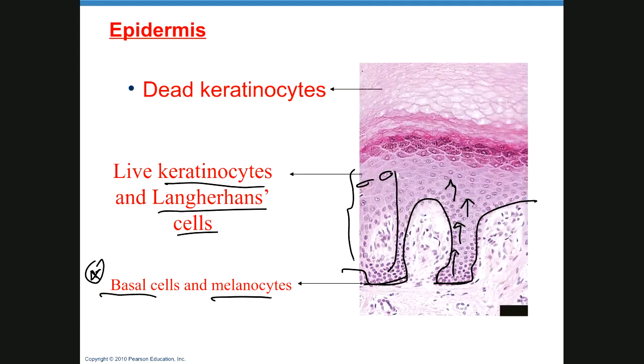Now, notice this layer right here. Notice how cells change right here. These cells are again darker, and if you look at it closely, they look like they have granules inside. So now this is going to be another layer of cells within the epidermis, within this stratified tissue that is visible and we can note.